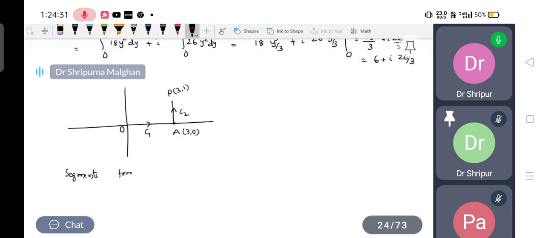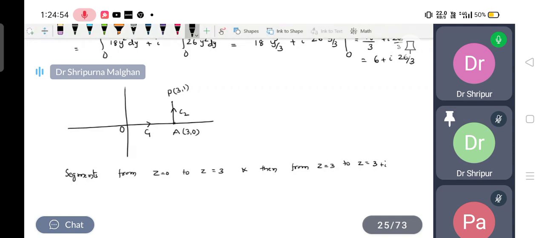Segments from z equal to 0 to z is equal to 3, and then from z equal to 3 to z is equal to 3 plus i.